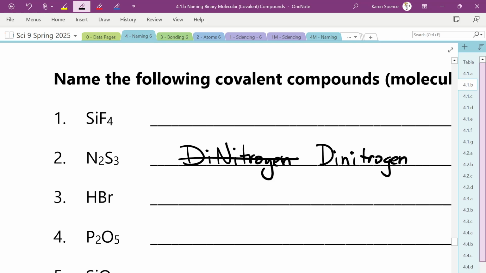If you want to, you can use all lowercase letters all the time, and then you don't have to worry about whether to capitalize. You can just call this di-nitrogen. So no capital letters in the middle of the word if you can avoid it.